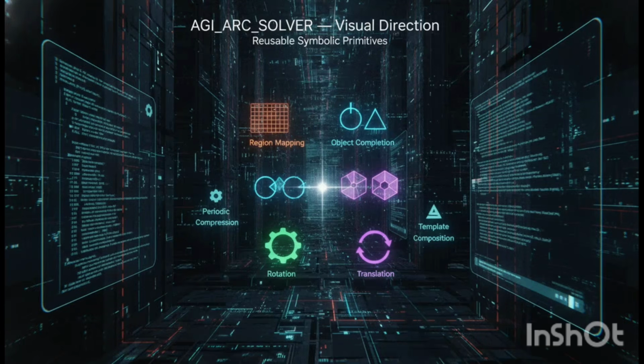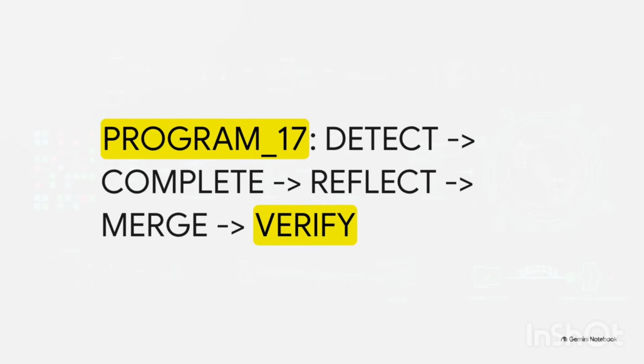And where do these programs come from? Well, rather than treating every single puzzle like it's a completely unique unicorn, the architecture searches a library of reusable symbolic primitives. It's essentially reaching into a toolbox of modular blocks. It pulls out simple operations like region mapping, object completion, reflection, or rotation, and tries to combine them. So the goal here is to find the most appropriate executable program that explains the examples.